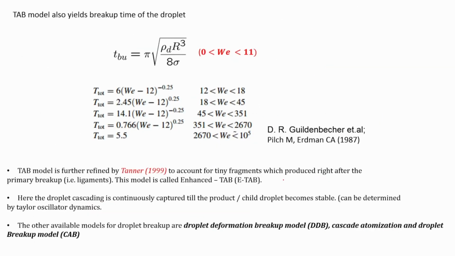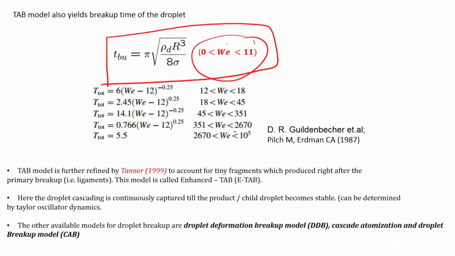Okay. So, the TAB model also yields what we call the breakup time. We will not go into the math of that. So, the breakup time is right over there in front of you. As we say, it is valid for that Weber number range.